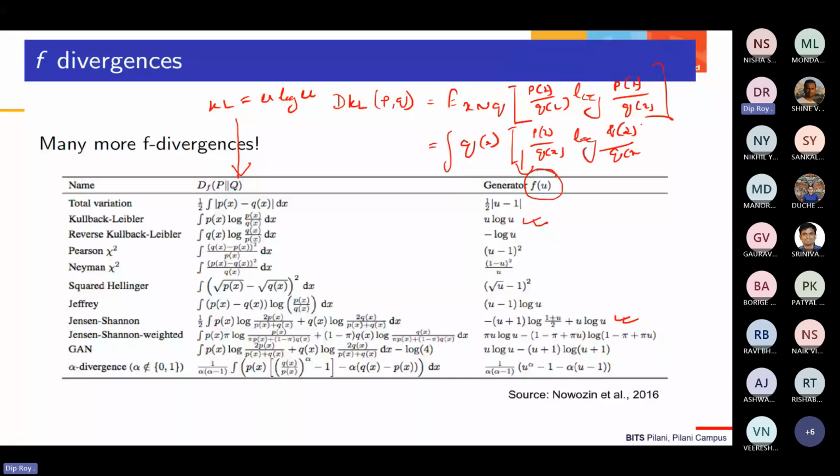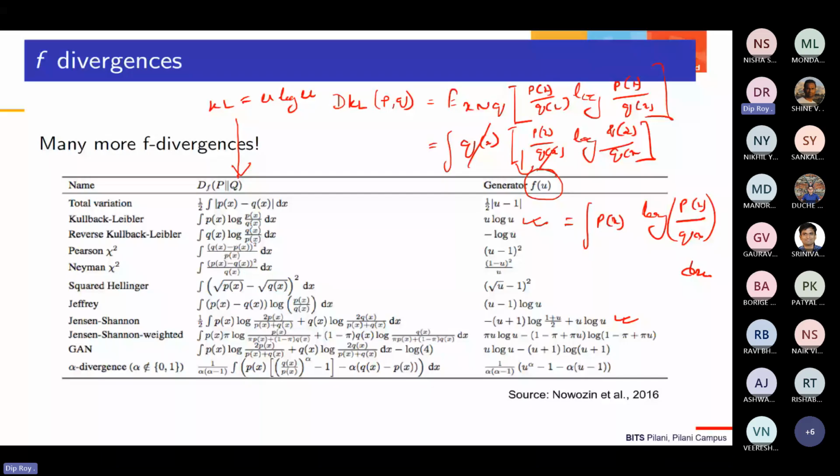These two will cancel out. And what is the functional form that remains? The functional form that remains is P of X log of P of X by Q of X dx. And this is nothing but your KL divergence, right? So actually, you can see that everything is coming from F divergence. It's just the functional form of the F divergence that is changing.